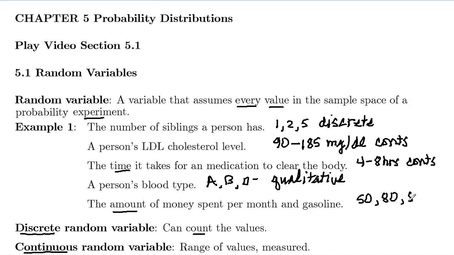So you could have like $80.01. Go a penny over when you're pumping your gas, fill up the truck. So this is actually discrete. You can count the number of values there because you can only divide them down to a penny. So that one is discrete. Okay, so that's discrete and continuous random variables.